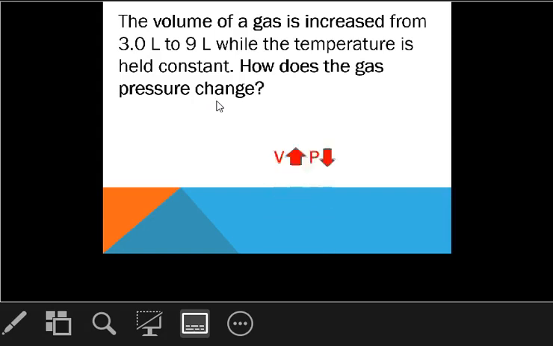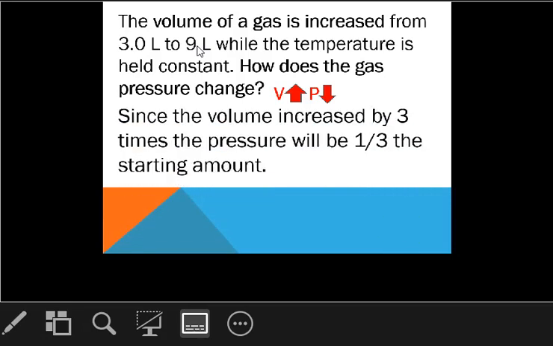So remember, that is an inverse relationship. So if volume is going up by 3 times, then the inverse of 3 times is 1/3. So since the volume increases by 3, the pressure will be 1/3 of the starting amount.